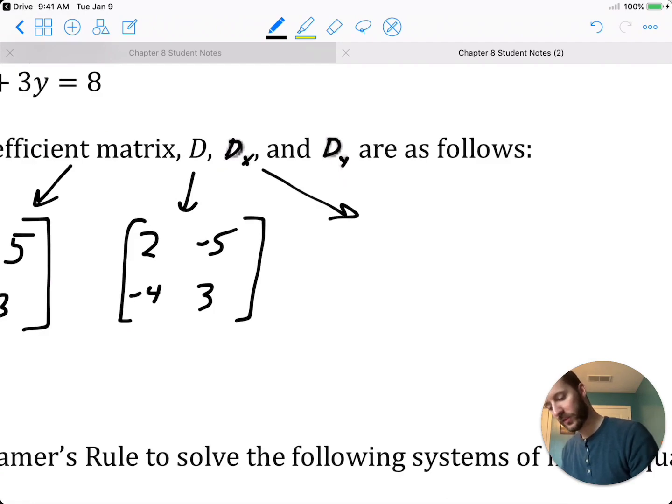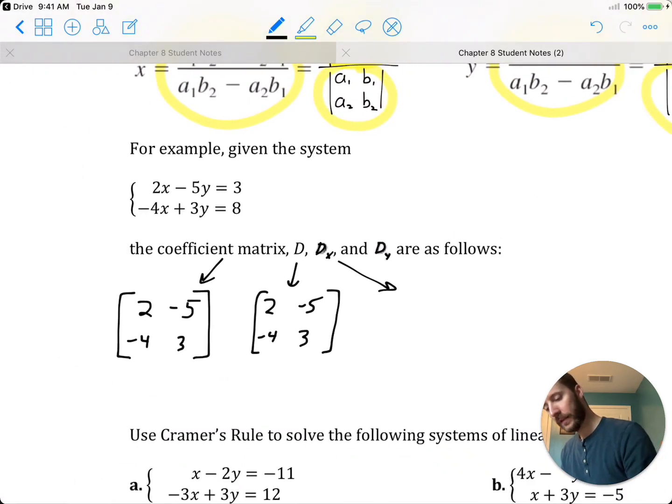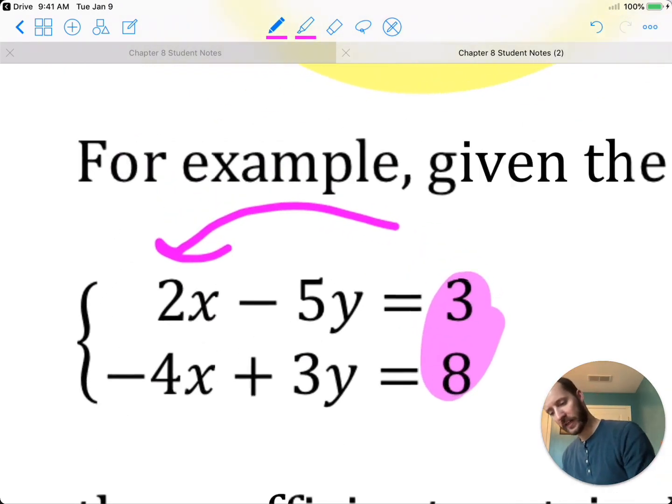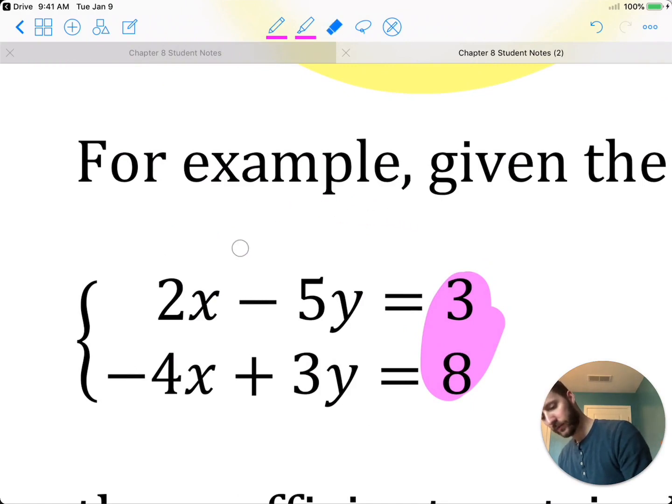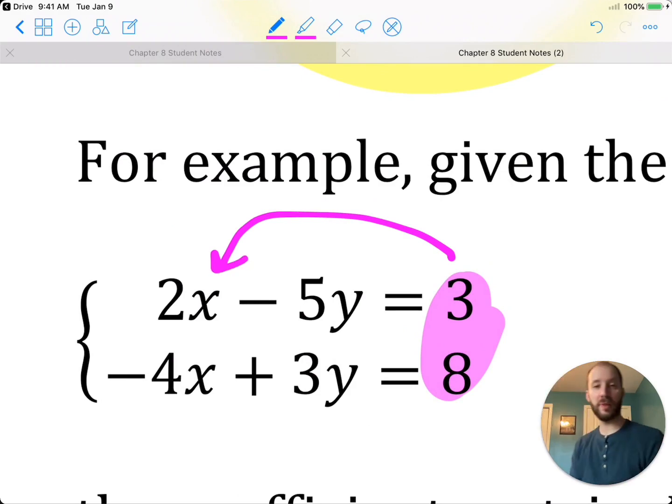So to create those, you'll go to the constant column in the system. The constants are going to replace the coefficients in the x column.